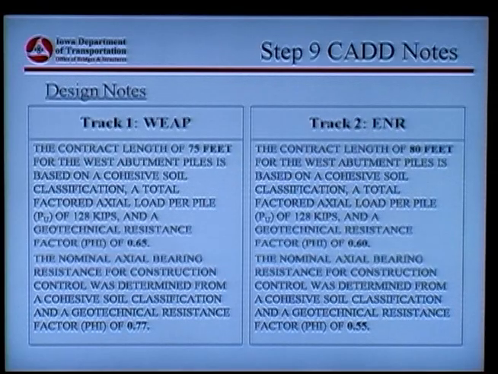So basically this is to compare the different design notes. The contract length will be 75 feet as opposed to 80 feet. Resistance factors used are 0.65 and 0.6 for ENR, and then a much higher resistance factor for construction control, 0.77 as compared with 0.55 using the ENR formula.